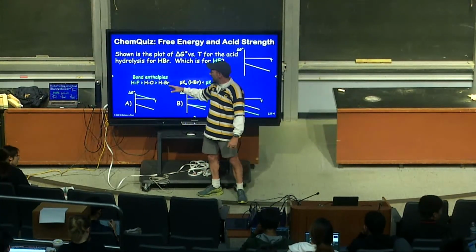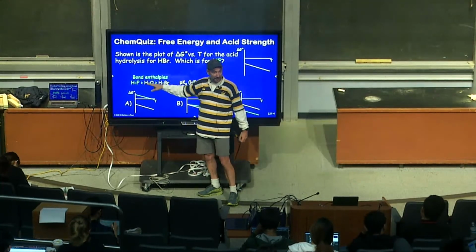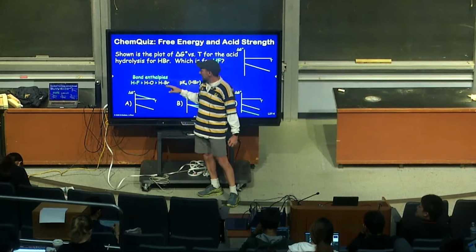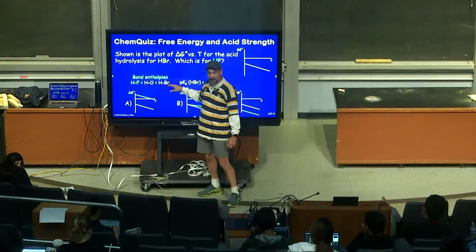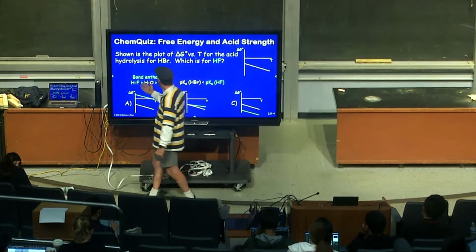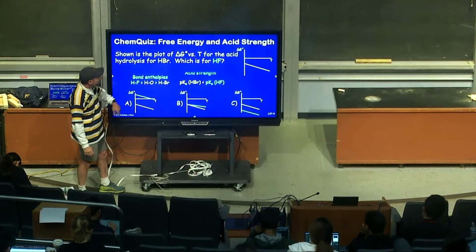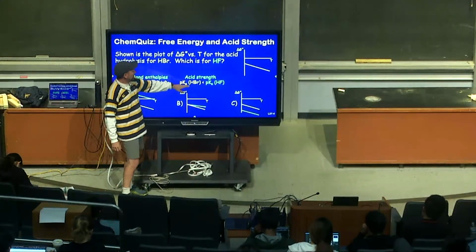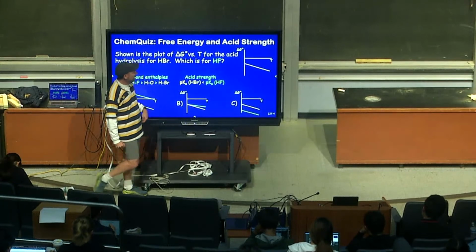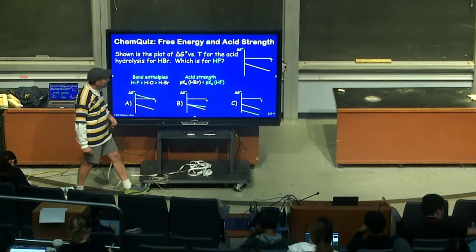This is an easy rank in polarity, right? Just electronegativity difference. That's a higher electronegativity difference than this one. So you can rank those bond enthalpies, and you could be given this, but I think we'll arrive at the same conclusion as well.